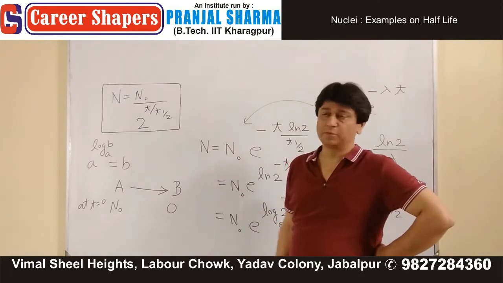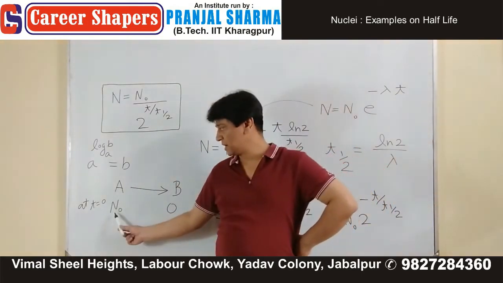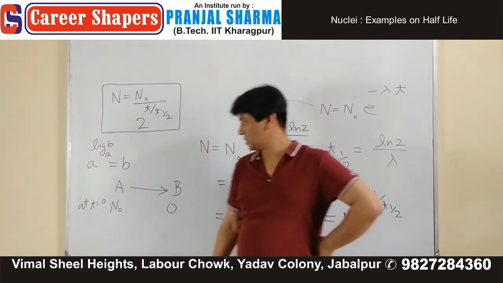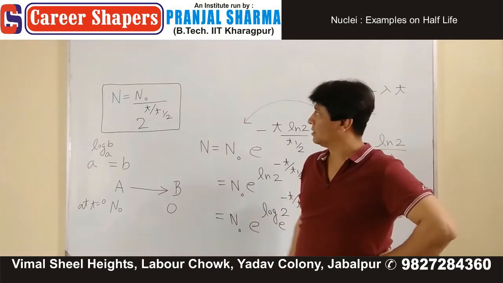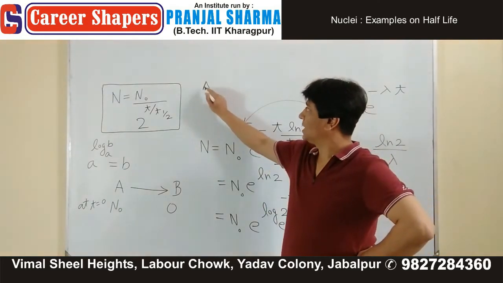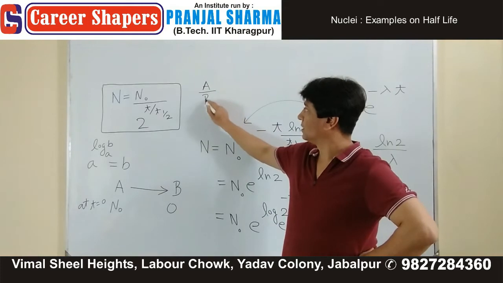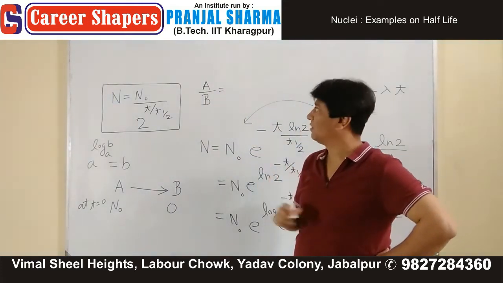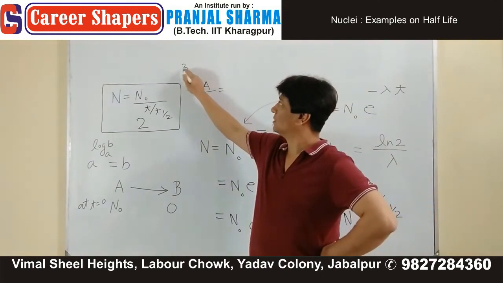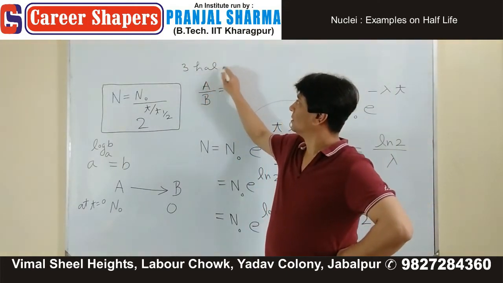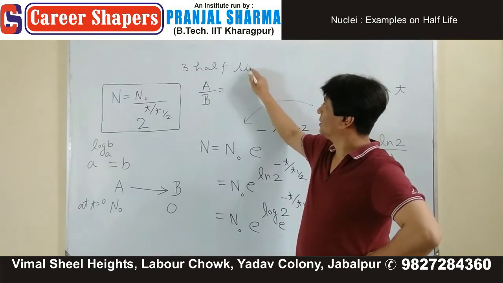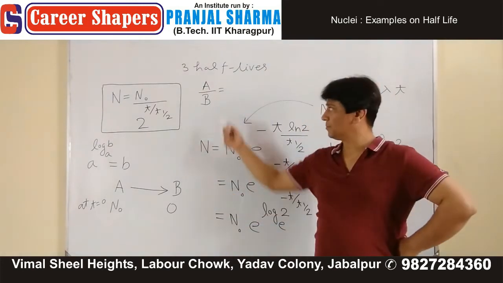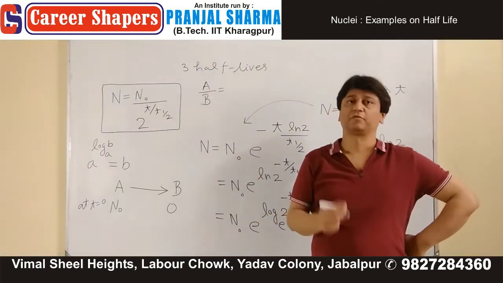In a given sample, only A is present, B is not present. You need to find the ratio of A and B after 3 half-lives.